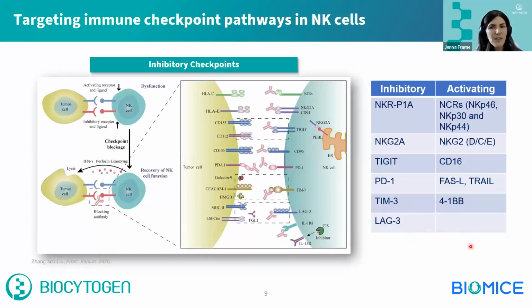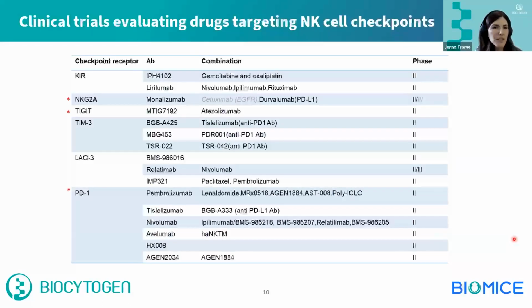And on the right side of this chart, there are several activating checkpoints where agonistic antibodies could be employed. So there are multiple antibodies targeting these checkpoints currently in clinical development at various stages. And today we will focus on models to test therapeutics targeting NKG2A, TIGIT, and PD-1.